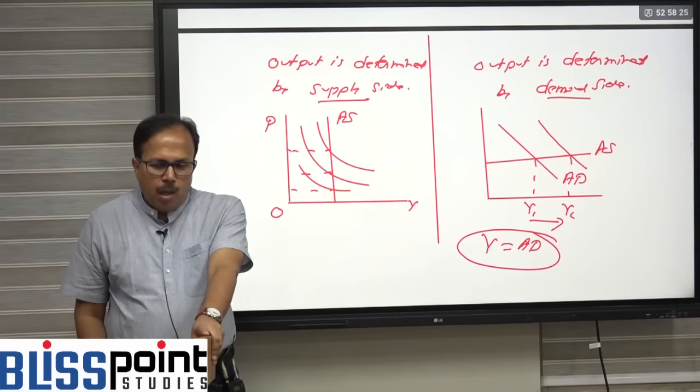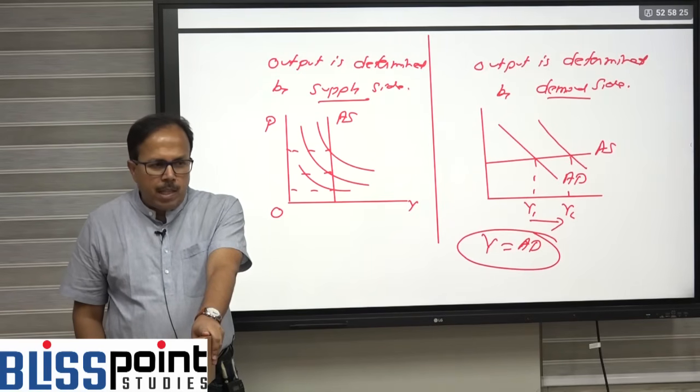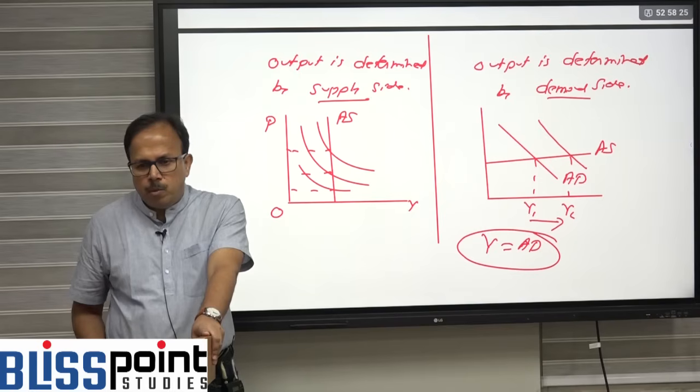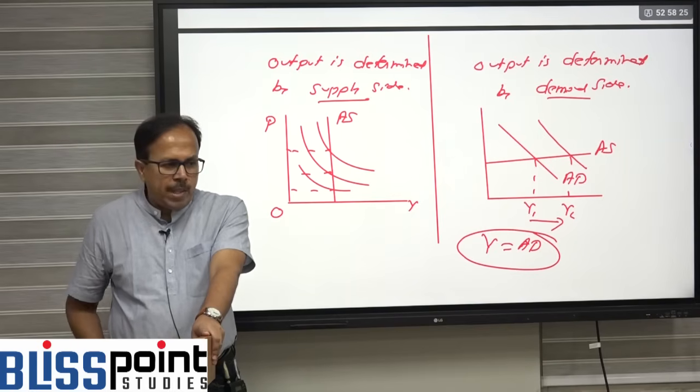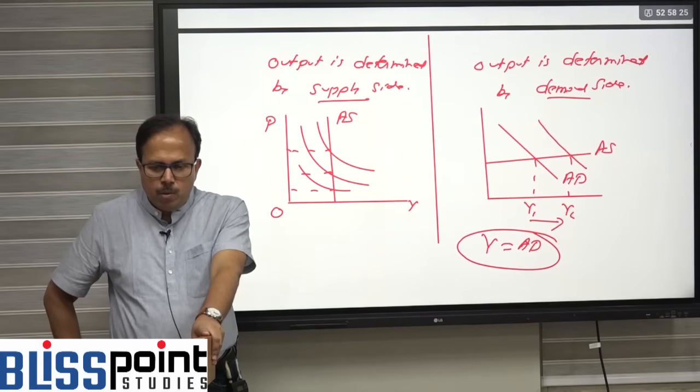Underline that. Output is determined from supply side, and role of AD is to determine price for that output.